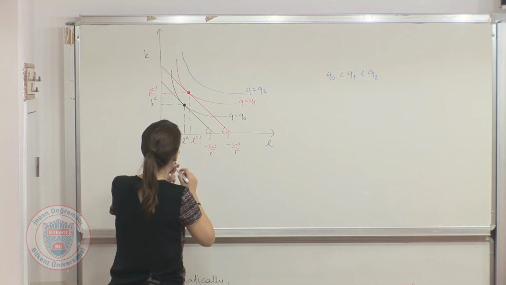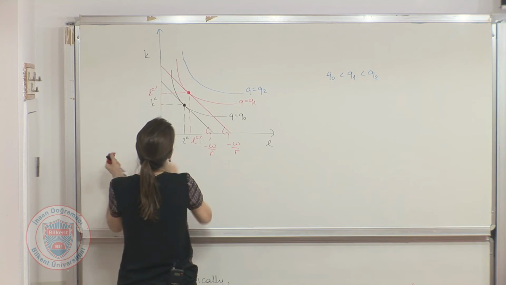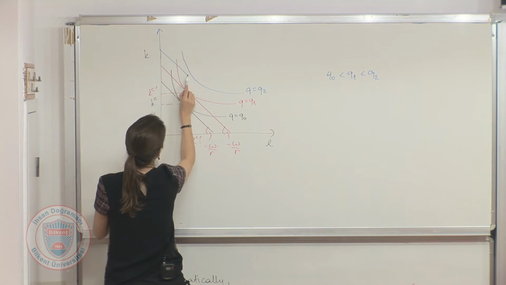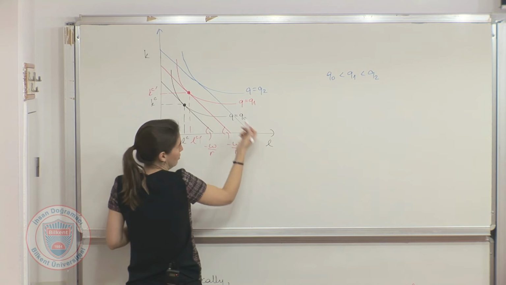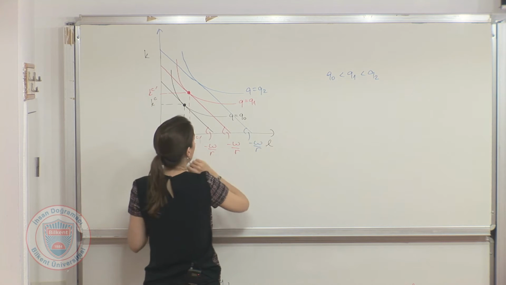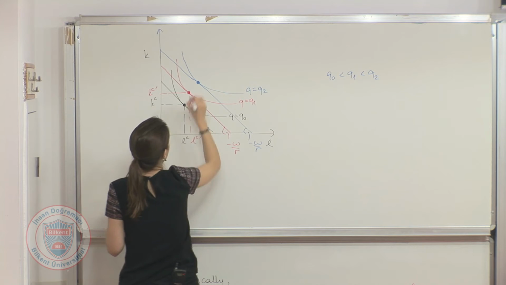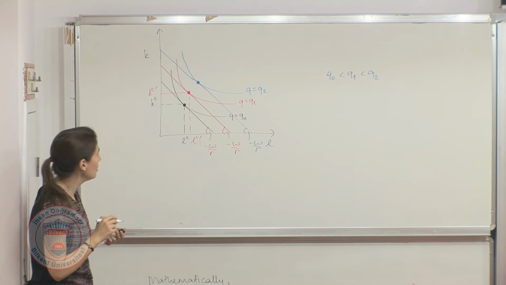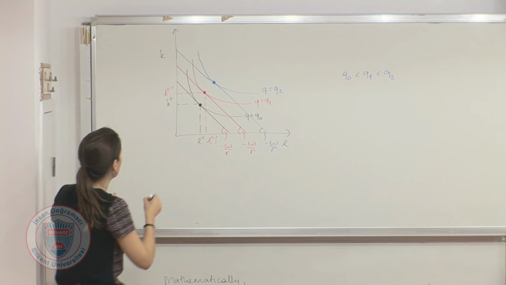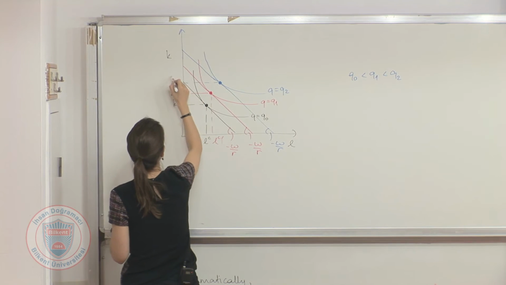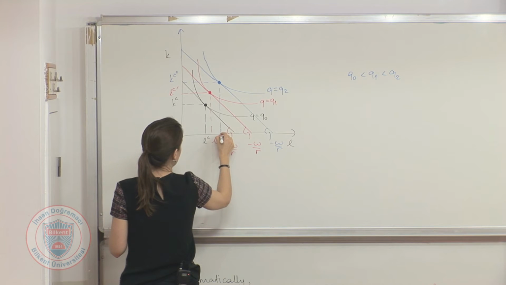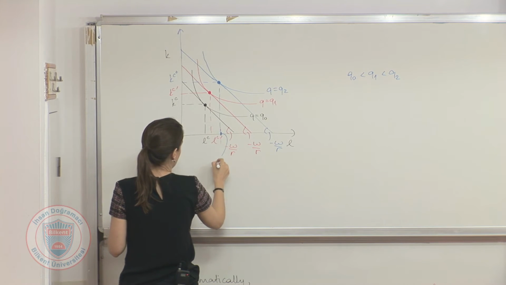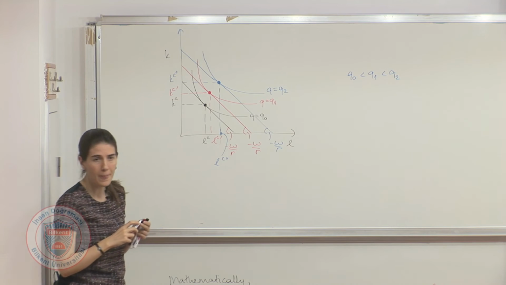And here is the new optimal point, again with slope minus wage over R. Let me call this KC double prime, and this one LC double prime.